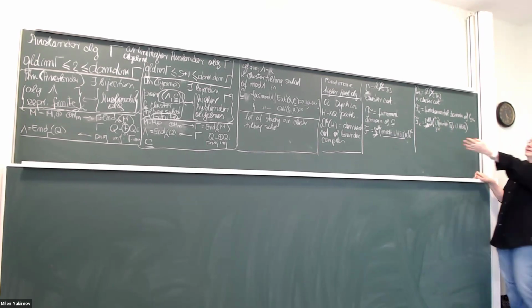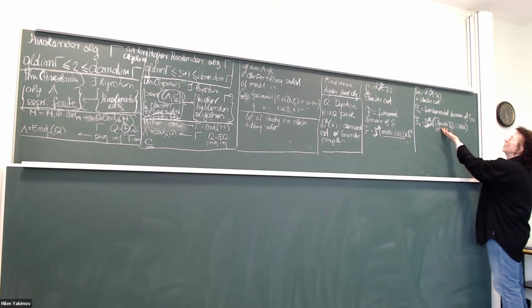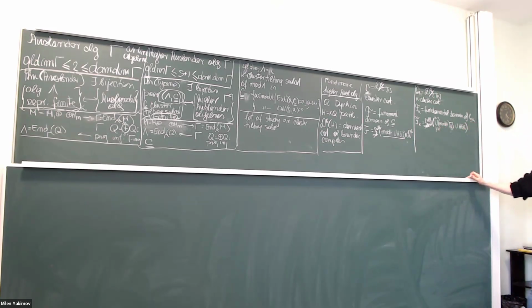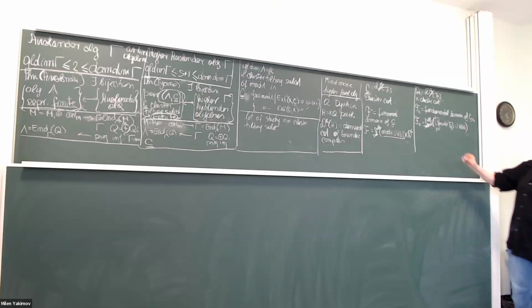If K is equal to 1, then this F is just mod H, not shifted, which is actual mod H, and here you put H shifted 1.